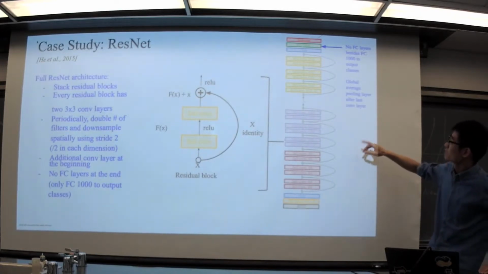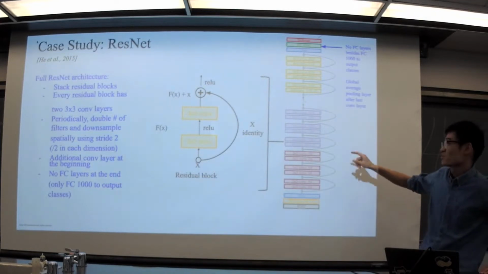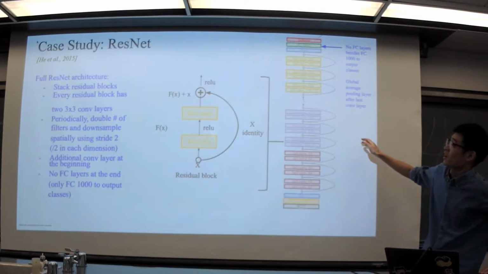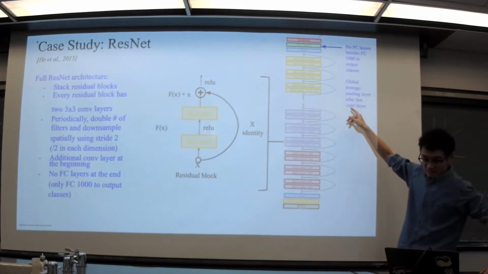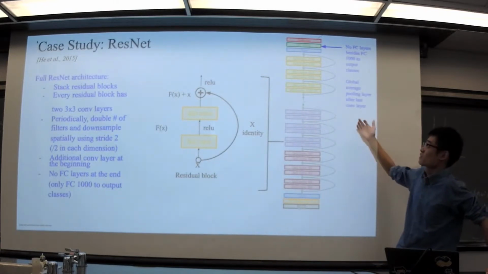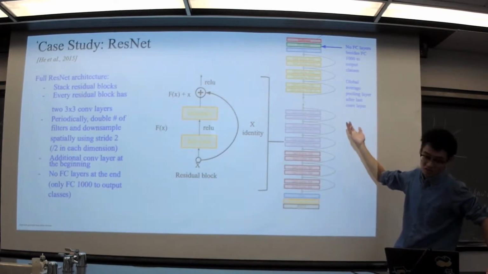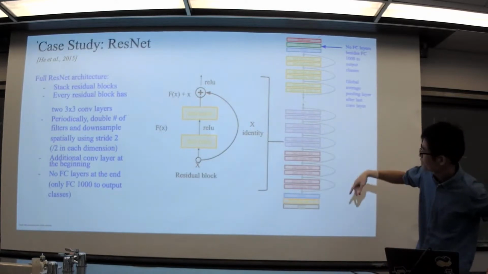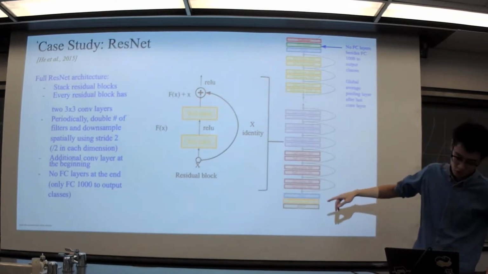But in this block, we do not need that many FC layers. The ResNet only has one FC 1000 layer, and we'll mention it later. You'll see that more modern networks do not need FC layers anymore. That's the difference from the VGG.